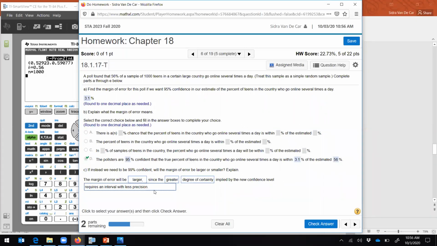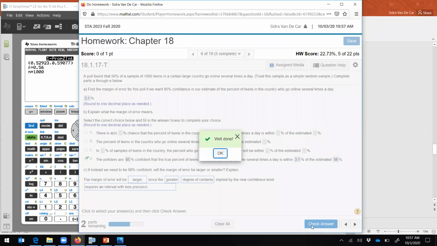That's a strange way of saying, if I make my margin of error bigger, right? If I'm casting a wider net, I've got to do it with a larger interval, right? So it's not going to be as tight around the estimate. It's going to be wider. Okay.